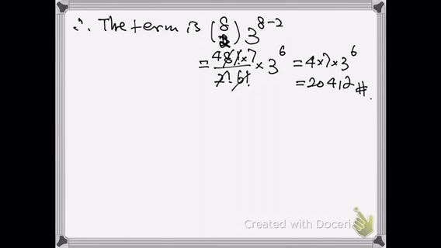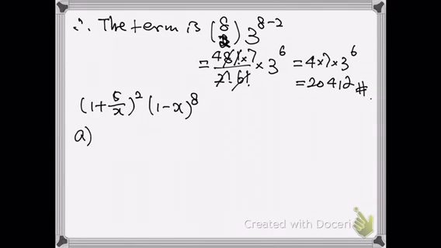Now the next part is looking at the product of two expansions. We have that question there. I can't remember what the question number was. Anyway, it's the expansion of (1 + 5/x)^2 times (1 − x)^8.